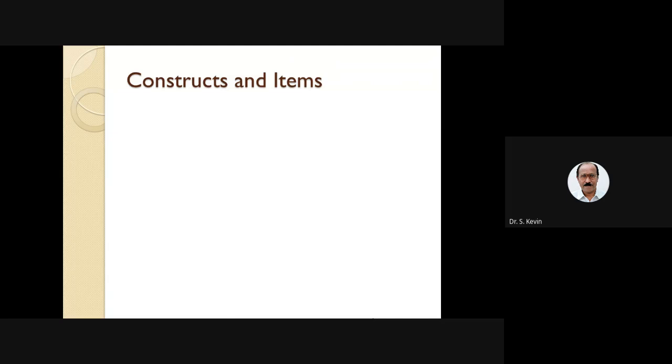It's called constructs and items. So, constructs and items. The perceptions, attitudes, psychological traits are not directly observable.